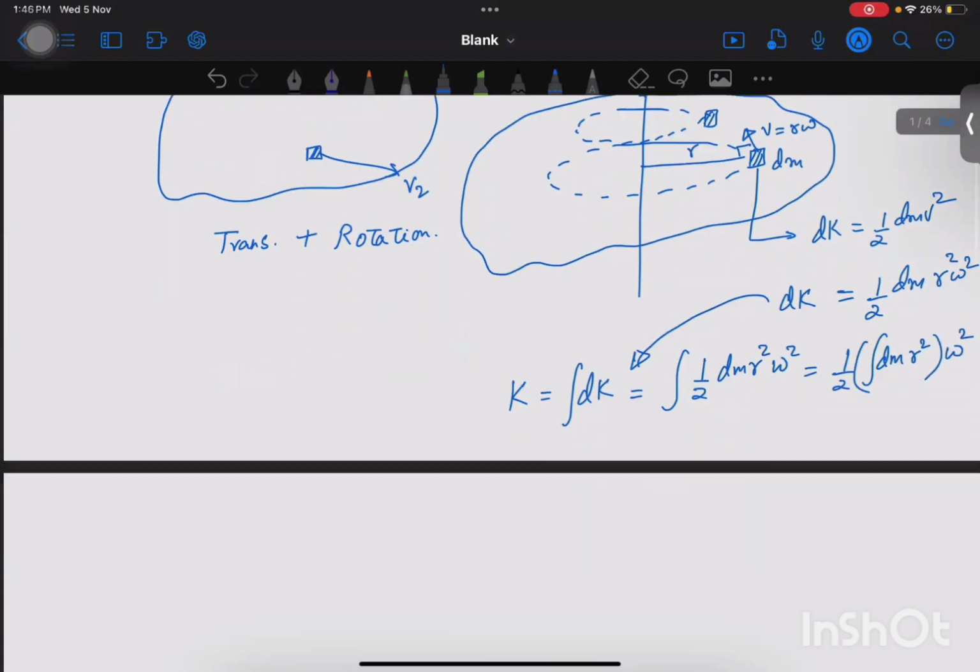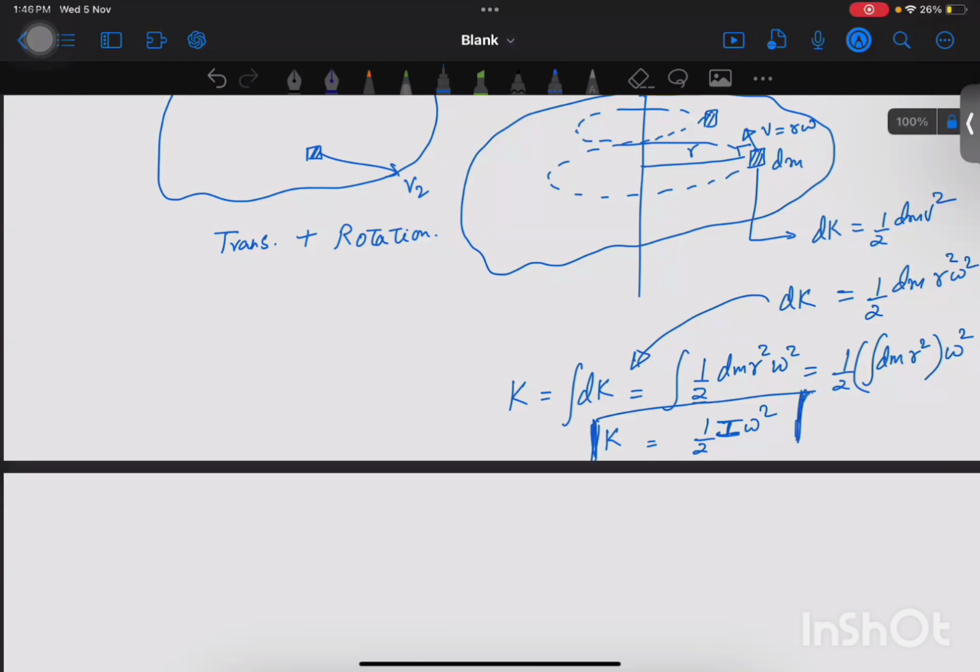Yes. But what is this quantity over here? If you observe, this term is nothing but the moment of inertia. So it is half I, the moment of inertia about that axis, into the square of the angular velocity. Fine. So kinetic energy of rotation is nothing but this particular value.